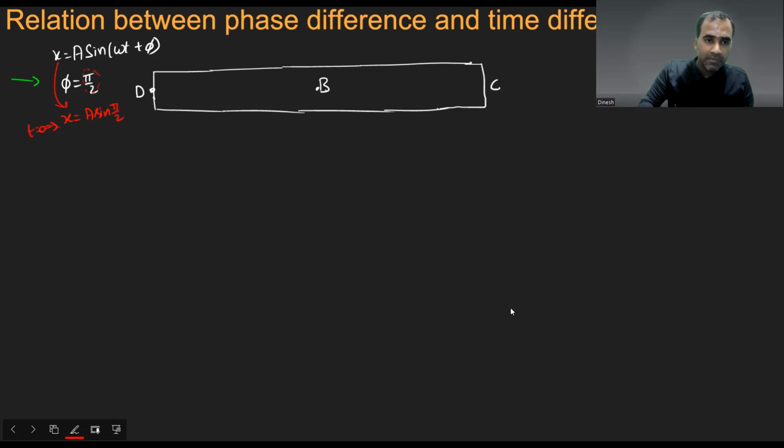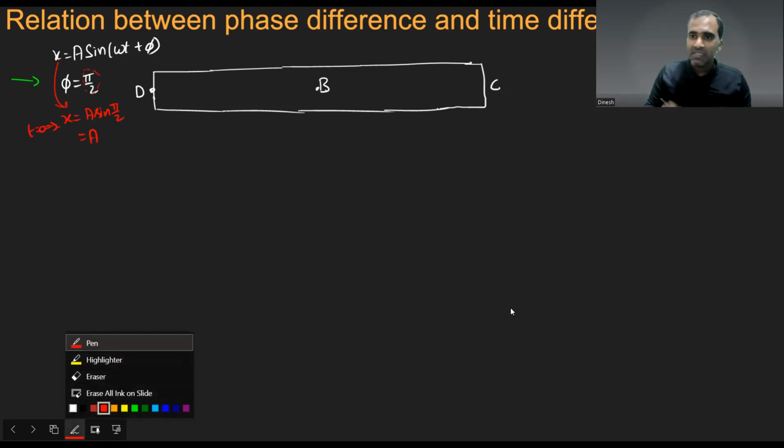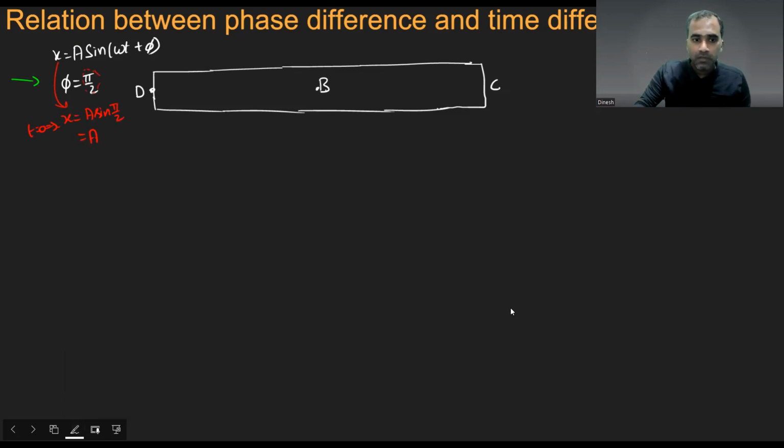At time 0, displacement is a sine pi by 2, which is a. So a means in the positive direction at a distance of a from the mean position. So it is this point they're talking about. So this is the initial point.